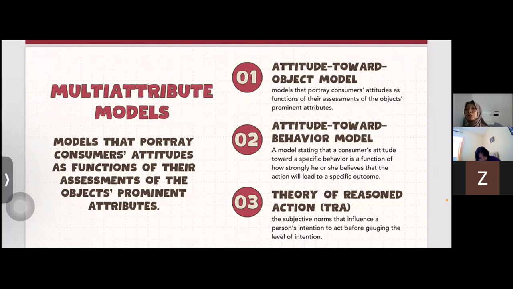The second is the attribute-toward-behavior model, stating that consumer attitude towards a specific behavior is a function of how strongly he or she believes that the action will lead to specific outcomes. And the third is theory of reasoned action, the subjective norm that influences a person's intention to act before gauging the level of consent.